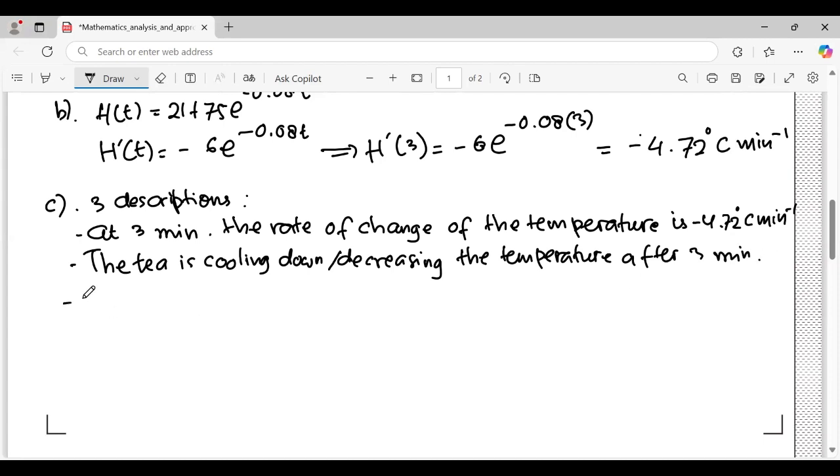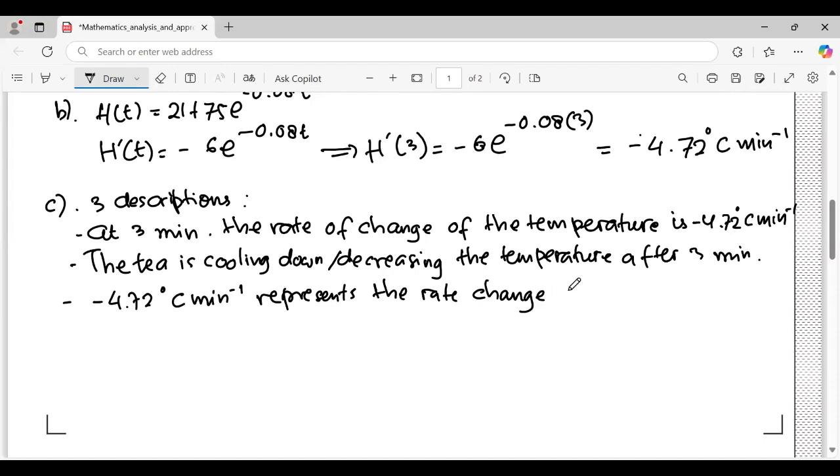The third, minus 4.72 degrees Celsius per minute represents the rate of change of the temperature of the tea.